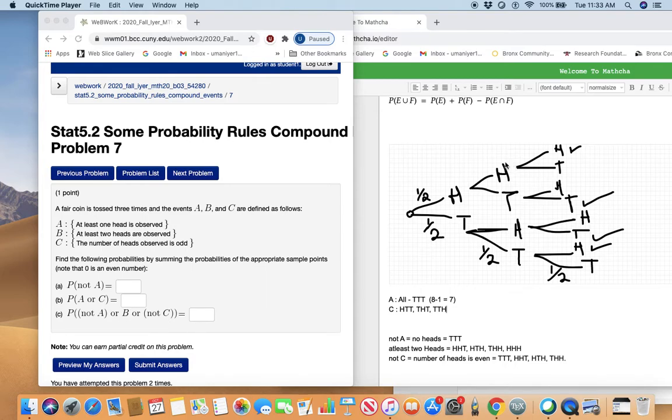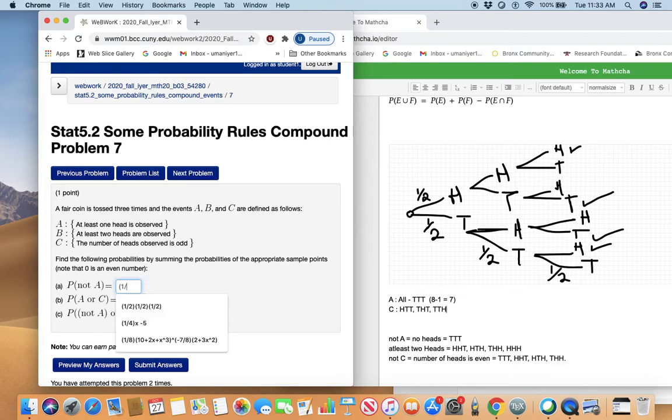All right. Not A means, what is A? At least one head. Not A means no head. No head means tail, tail, tail. Each of these branches has half. So I'm going to multiply half times half times half.